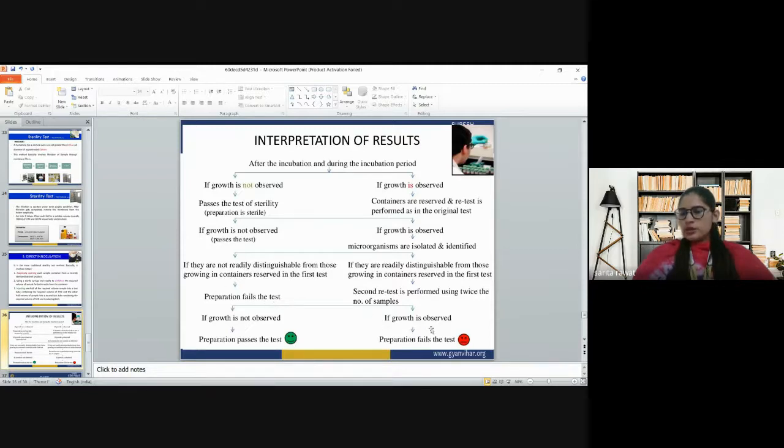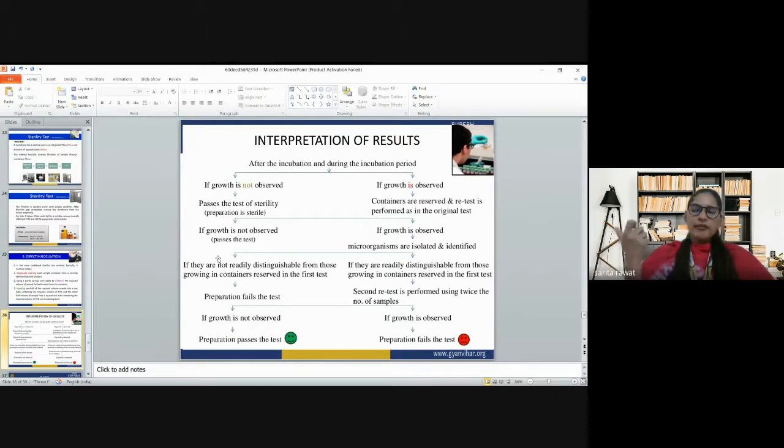If the growth is observed, the preparation fails the test. And if the growth is not observed, that means the preparation passes the test. So this is all about the interpretation of sterility testing.